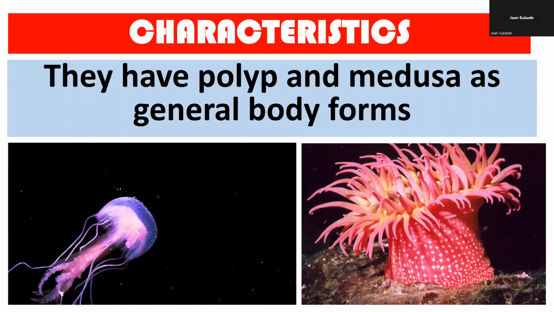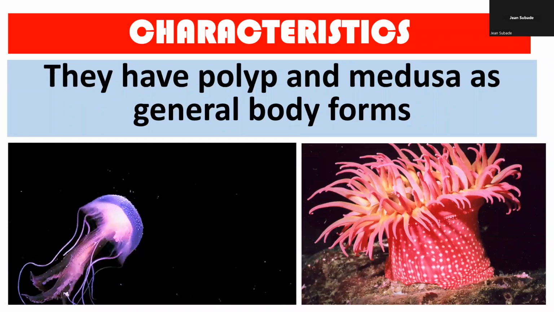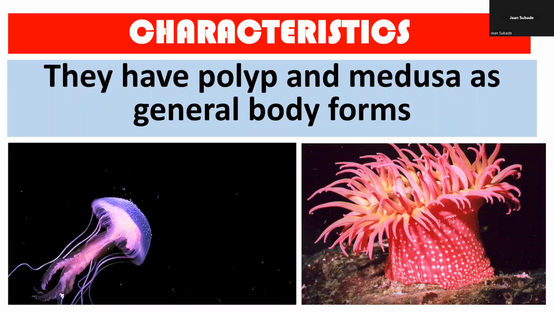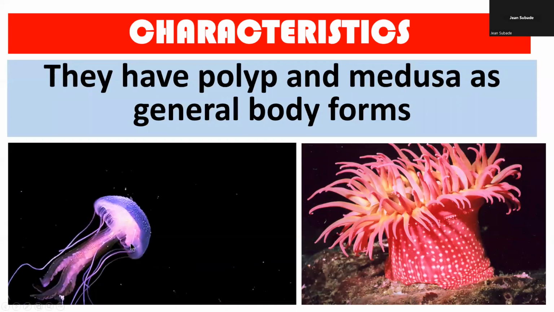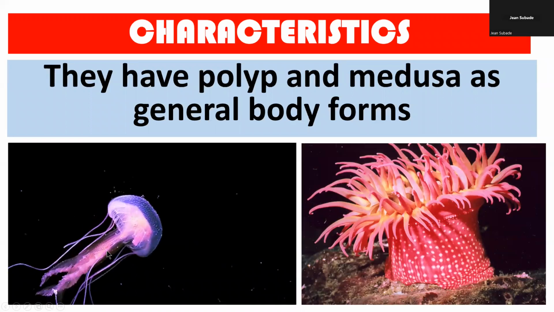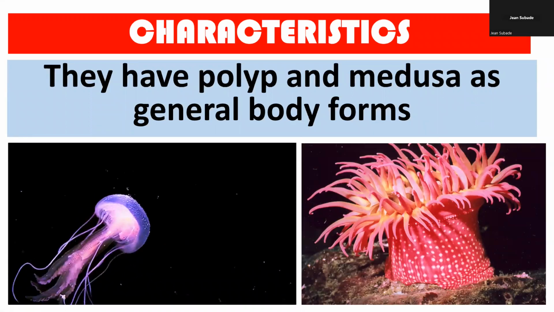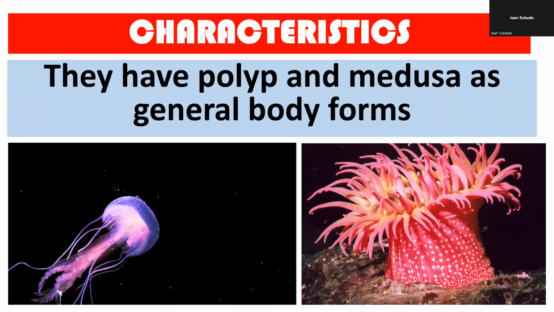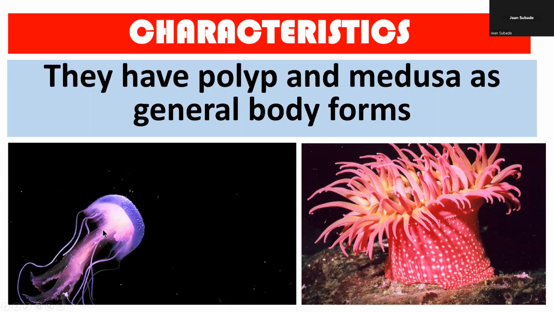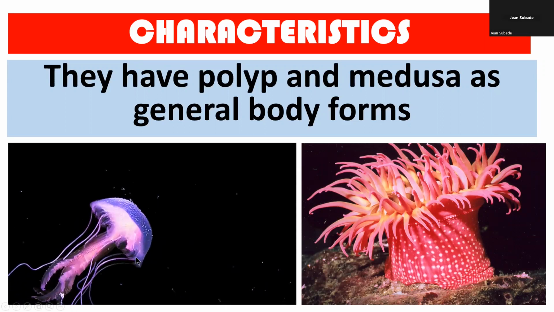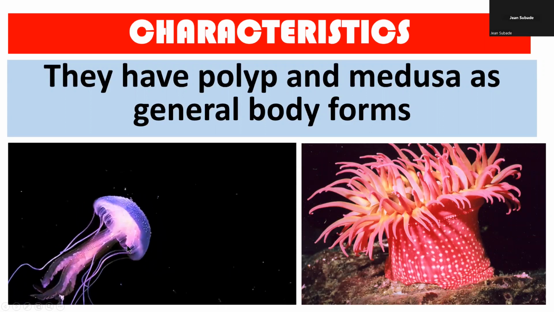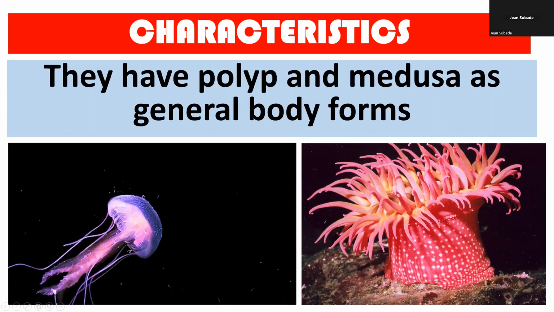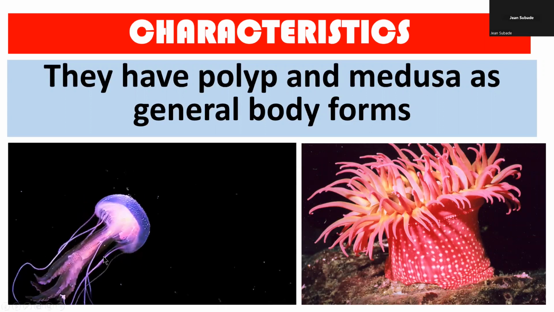Based on their general body form, some of them are of the polyp type. I want you to observe where the stinging cells are. If it is a polyp, the stinging cells are facing upward, located at the top of their head. If it is a medusa, the stinging cells are at the bottom of their head.